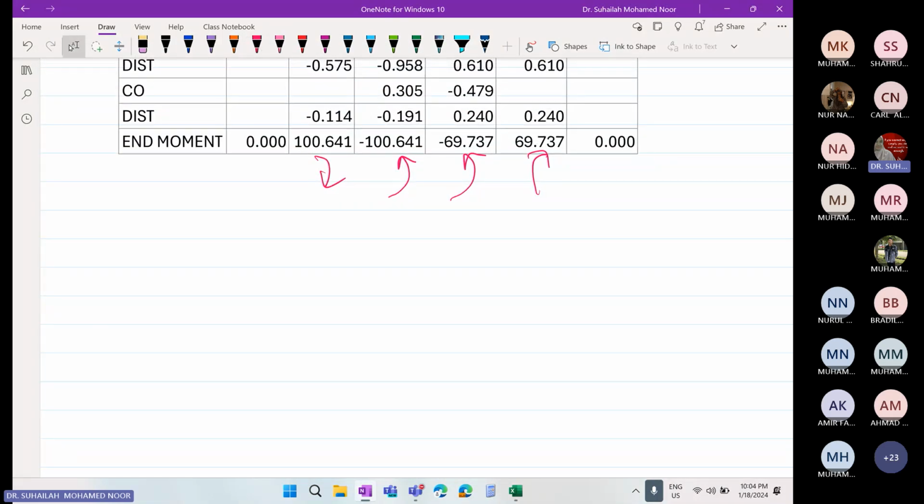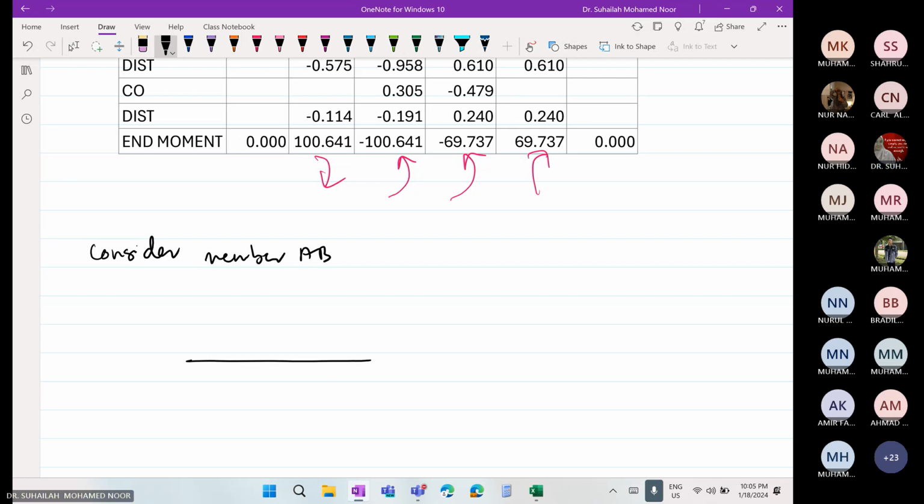Okay, that's all. So when we want to analyze the shear force diagram for member AB, we have to consider member AB. Member AB has UDL 25 and 5, and it has AY, and this is BY1.